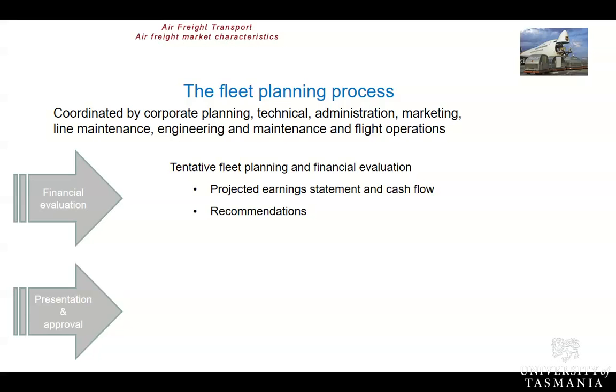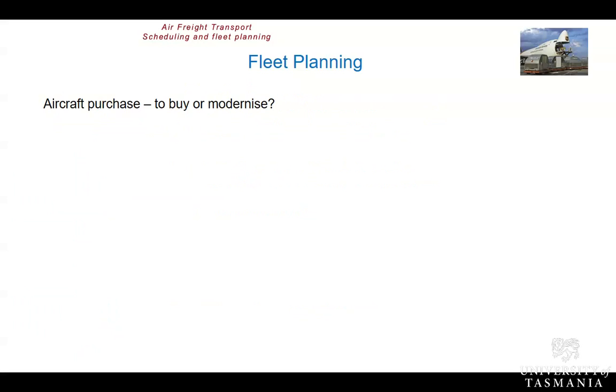You will then make some recommendations, which will most likely go to a board, a presentation and management approval. At that point in time, you might be very close to a situation where you can bring some new aircraft, whether they're new, converted, into your fleet.